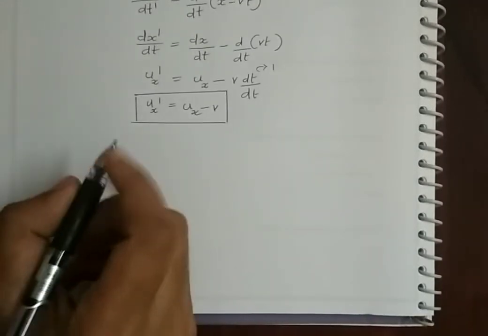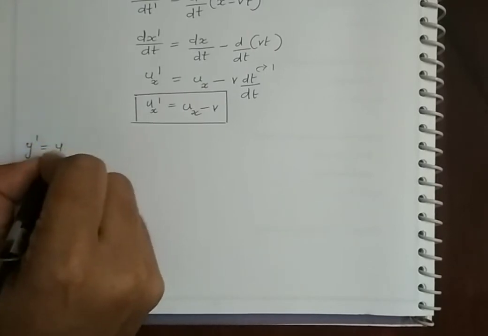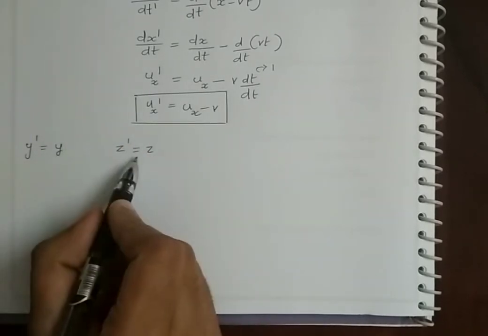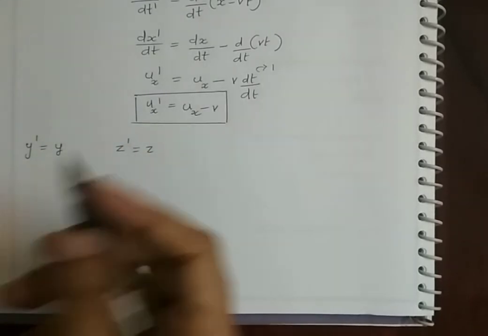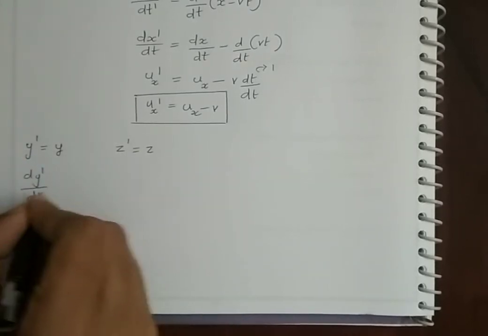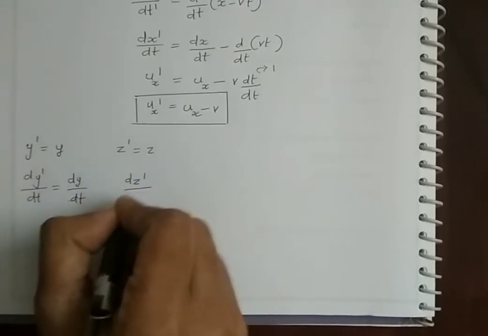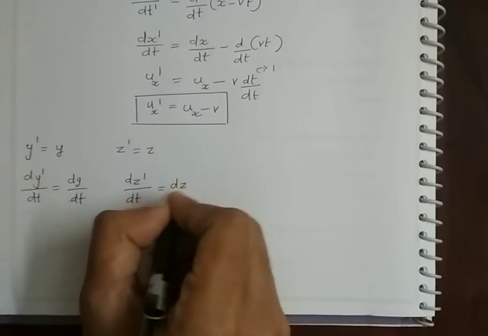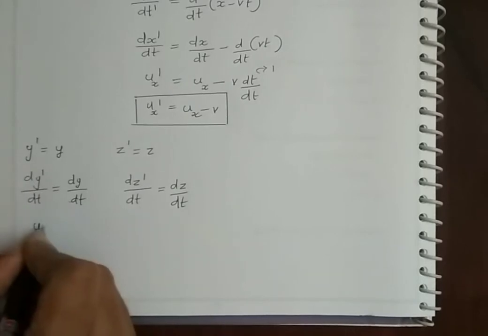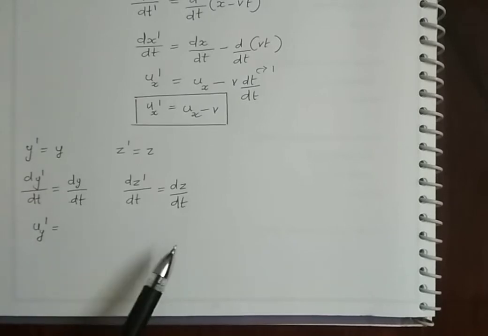Now when we move to the velocity transformation equations along the y-axis and z-axis, we have the equations y prime is equal to y and z prime is equal to z. Now taking the derivative with respect to time, we have dy prime divided by dt is equal to dy divided by dt, and dz prime divided by dt is equal to dz divided by dt. Now dy prime by dt is equal to uy prime, which is the velocity observed from the S prime frame along the y-axis.